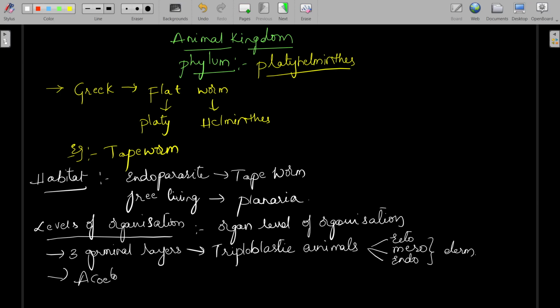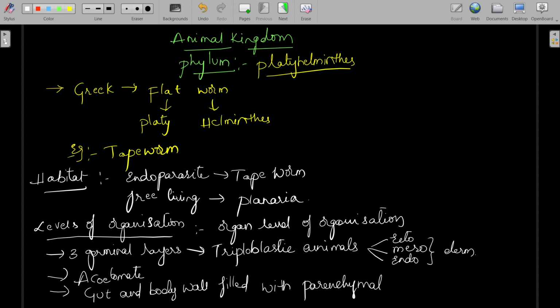They do not have any body cavity, and the gut and body wall are filled with parenchymatous tissue or cells. Parenchymatous cells, or you can say soft cells. Parenchymatous tissue is a soft tissue.